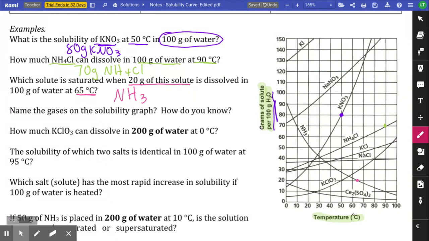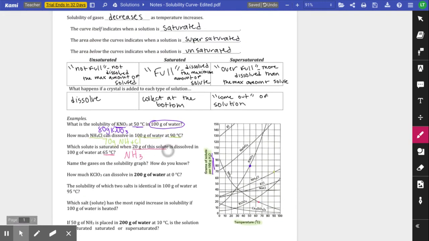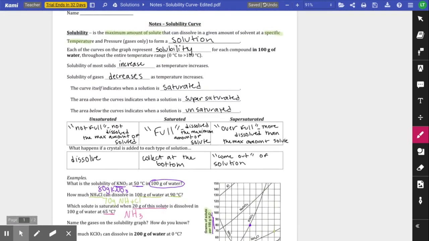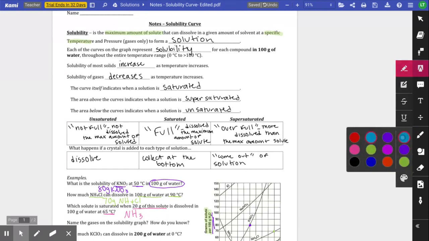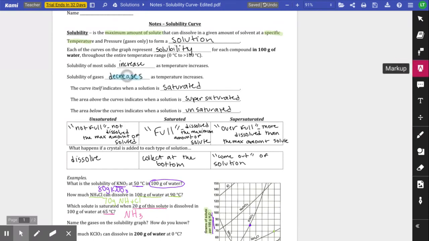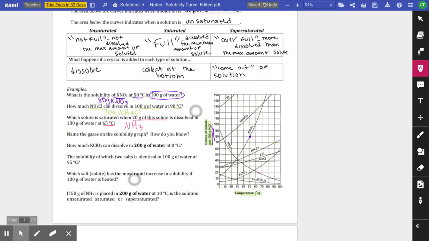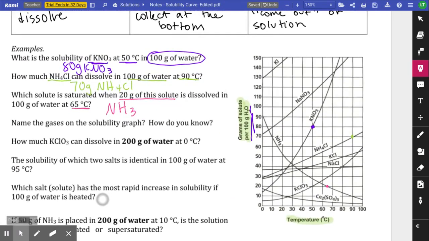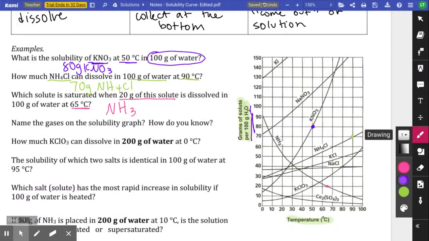All right. Now it wants us to name the gases on our solubility graph. One thing we talked about earlier, if you remember, is that the solubility of most gases decreases as temperature increases. So when I'm looking for my gases on my graph, I'm looking for whose solubility is decreasing.